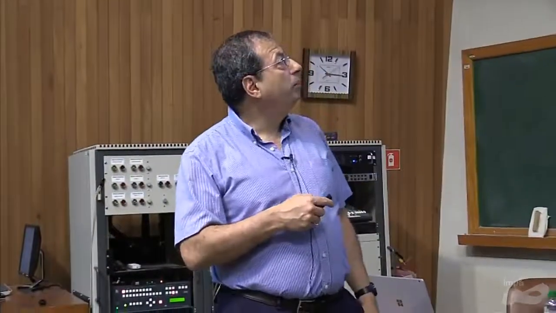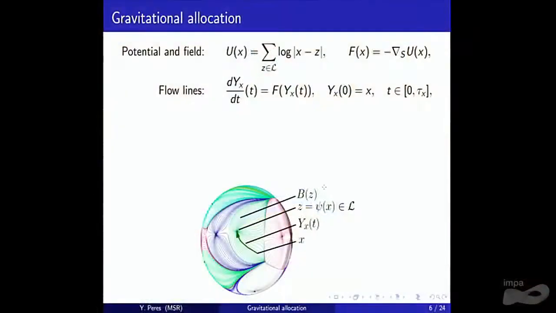Then we have an ordinary differential equation, a dynamical system, which says at any point, this is Y_x(t). It starts at x, and the derivative at time t is just this function f at Y_x(t). So this is exactly gradient flow or gradient descent for this potential.